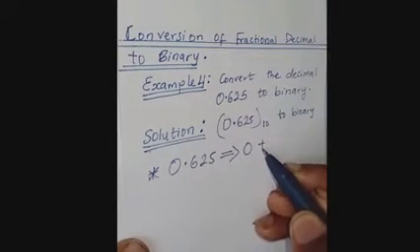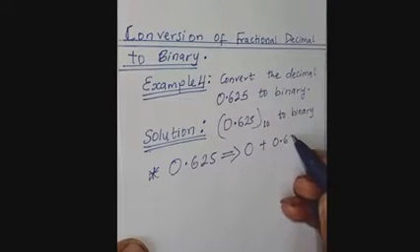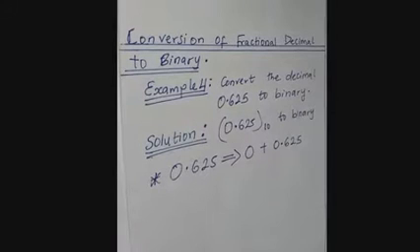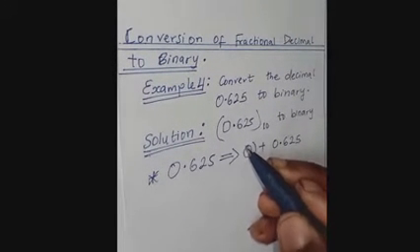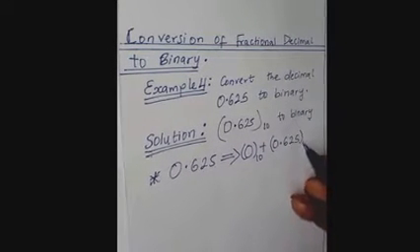0 plus 0.625. This is in base 10, and this is also in base 10.